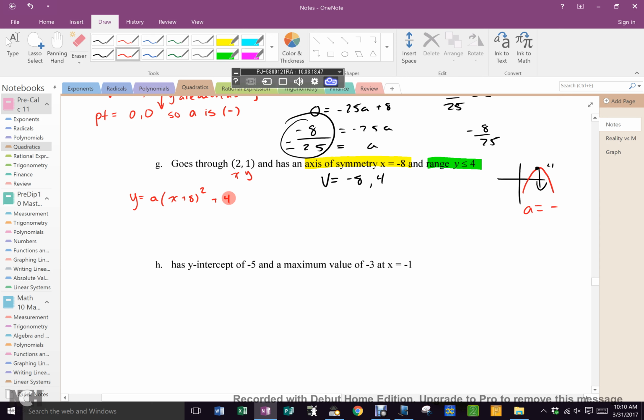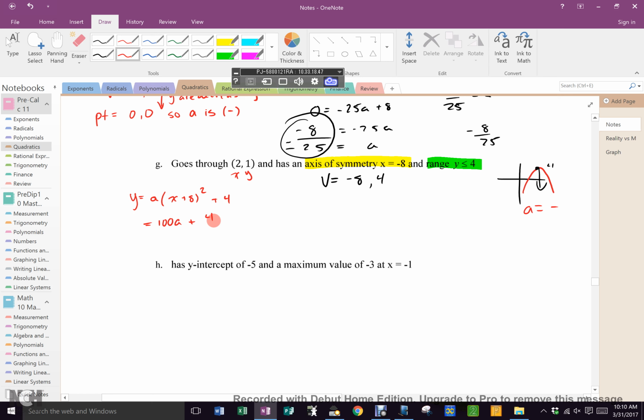Plus 4, you good there? Jenny is asking about it. 2 is x, so what do I write there? 2. What's 2 plus 8? What's 10 squared? So I have 100a plus 4, yeah?